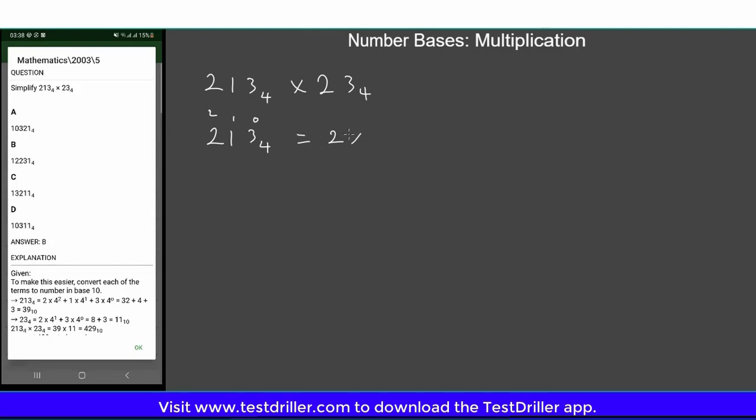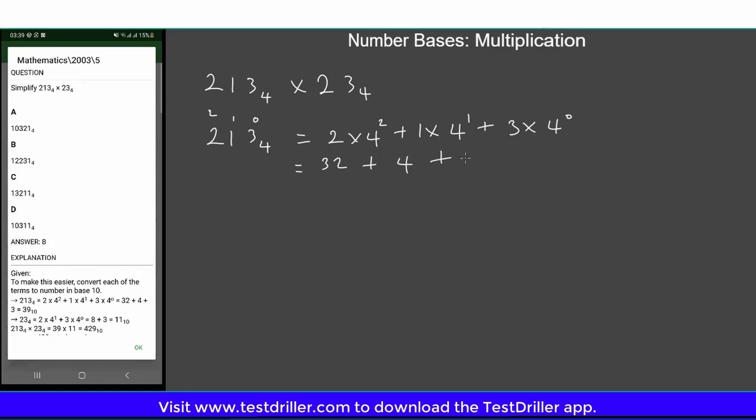So you say 2 times 4 raised to the power of 2 plus 1 times 4 raised to the power of 1 plus 3 times 4 raised to the power of 0. Then you evaluate the whole expression. So 4 raised to the power of 2 is 16. Then 2 times 16 will give you 32. Then plus 1 times 4, that will give you 4.